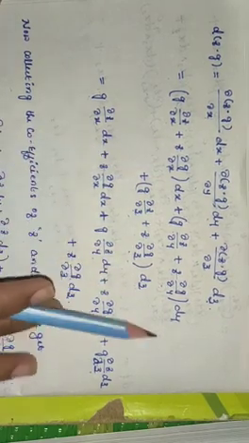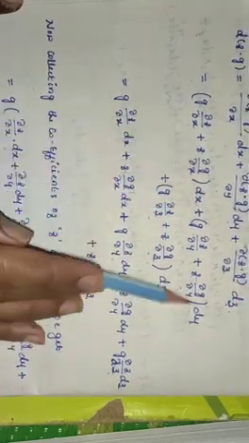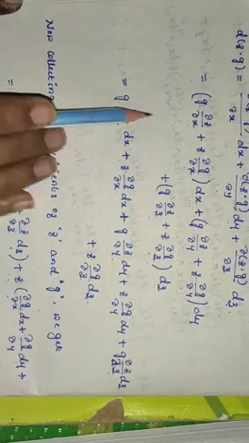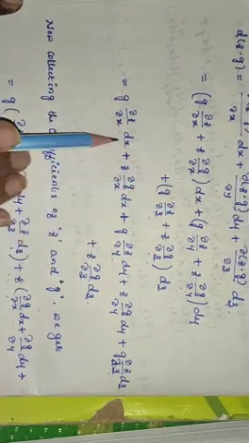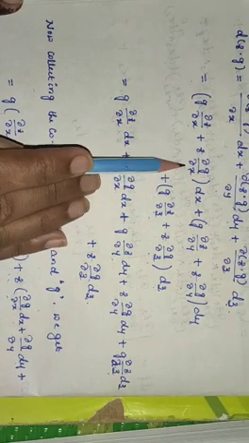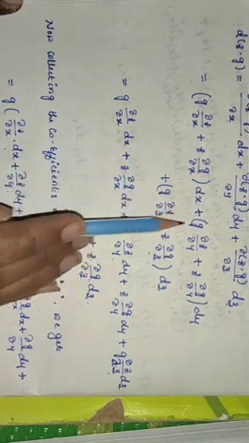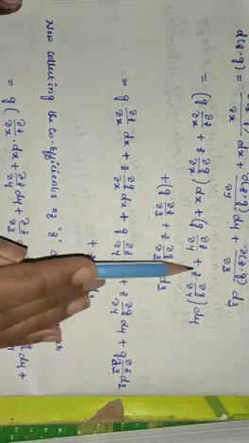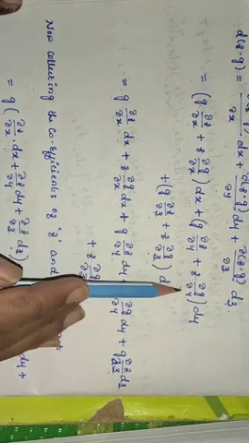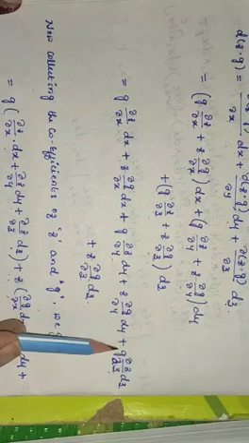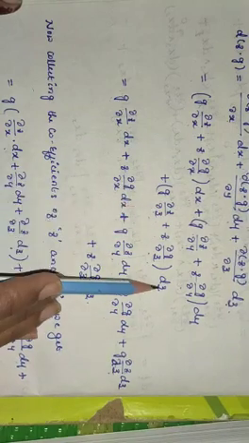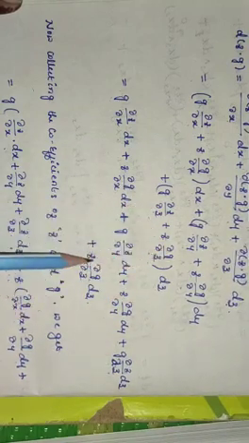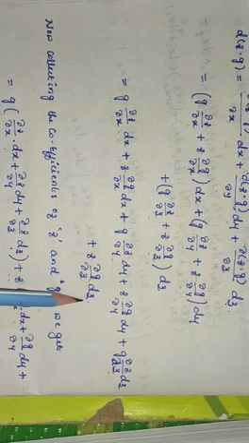Now write this by multiplying all these out, we get g into del f by del x into dx plus f into del g by del x into dx plus g into del f by del y into dy plus f into del g by del y into dy plus g into del f by del z into dz plus f into del g by del z into dz.